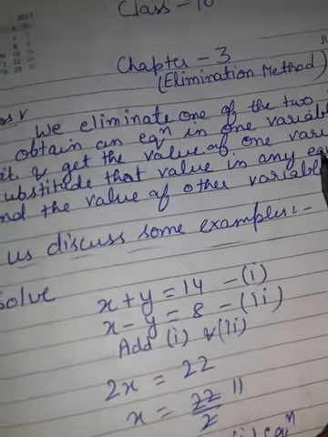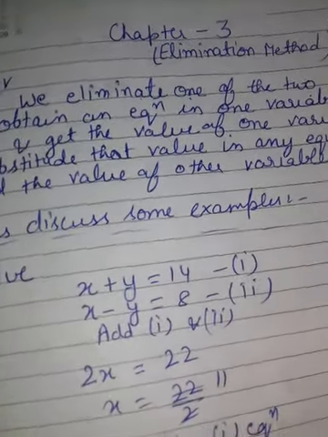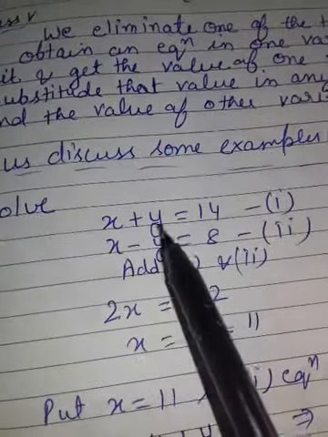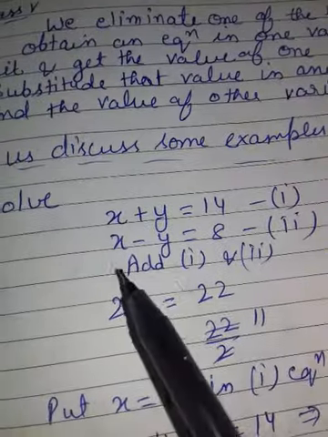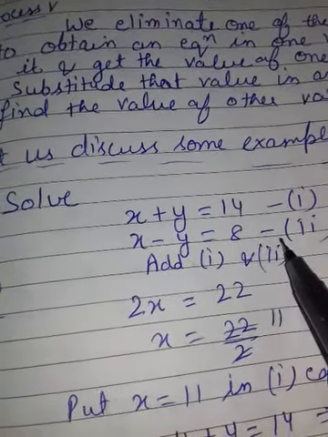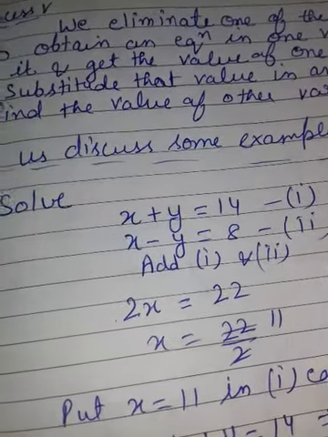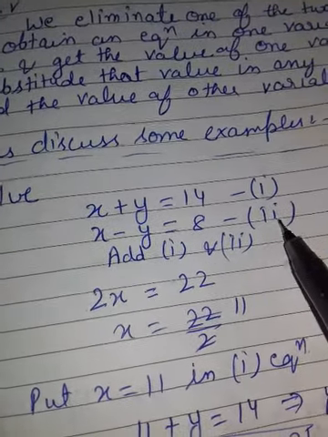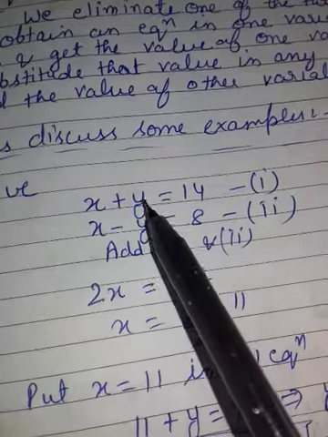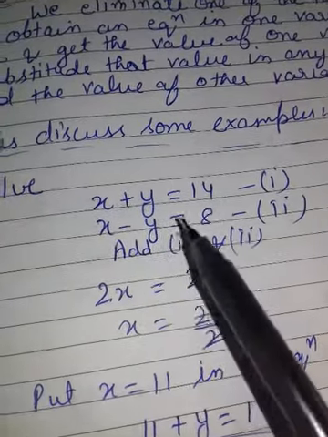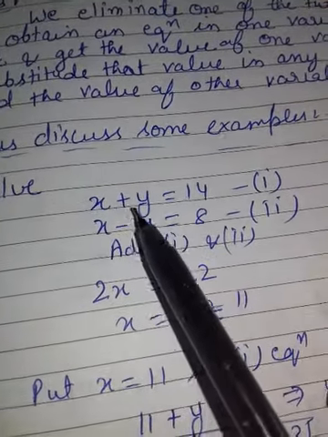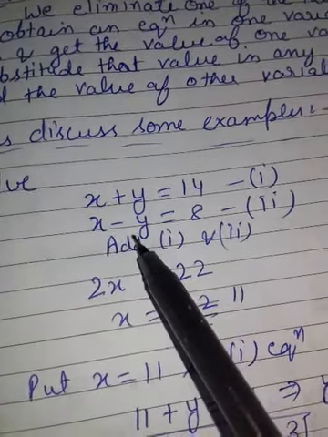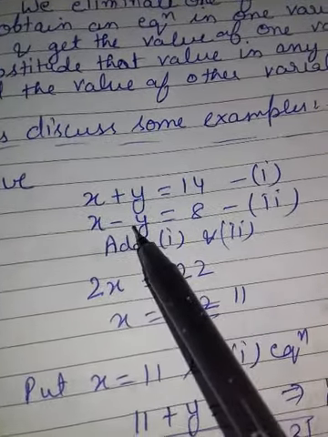Now we will discuss some examples. Solve x plus y is equal to 14, x minus y is equal to 8. To the given equations, firstly you will give the names 1 and 2. Firstly, you have to observe the coefficients of x and y. After observing, you see that x has 1 and 1, and y has 1 and minus 1.